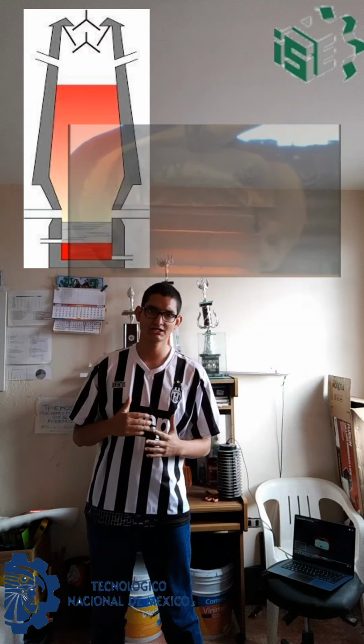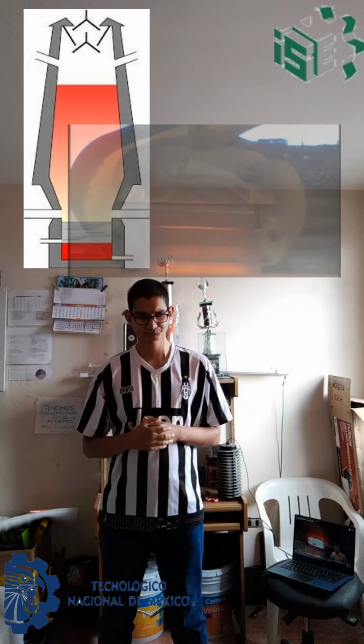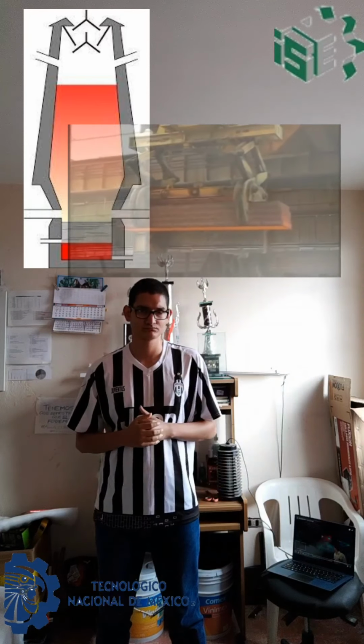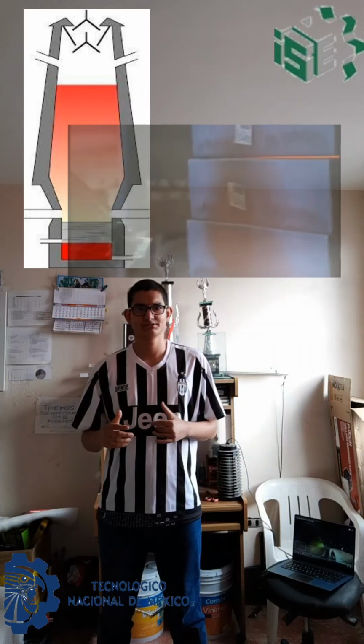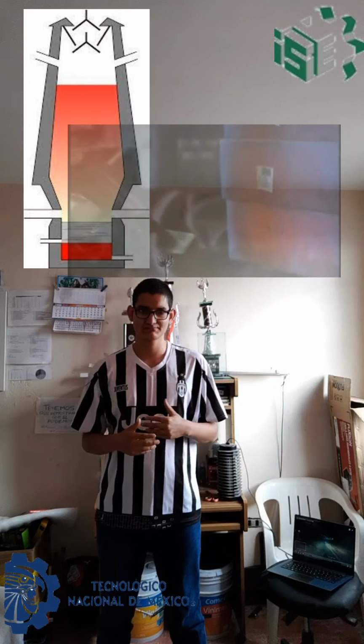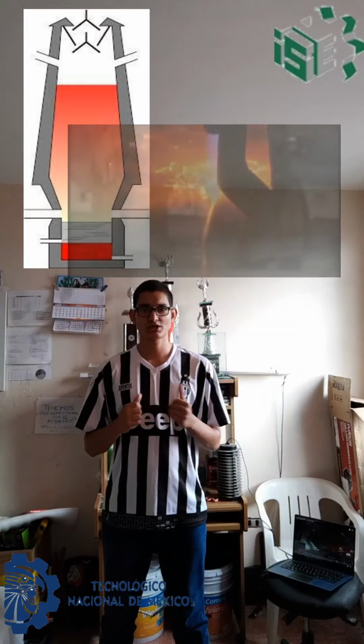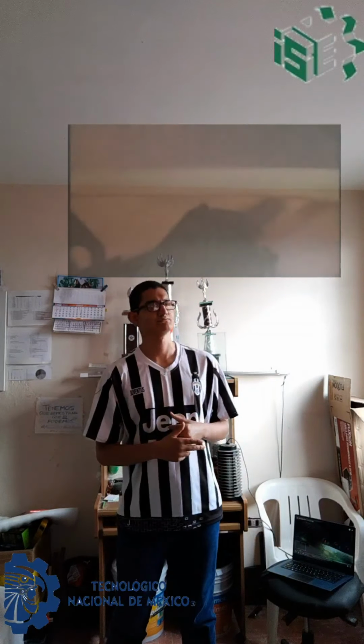Now I am going to talk about the second process, cast iron or pig iron extraction. A blast furnace is used in this process because in the previous section we got an iron concentrate of 70%. That is not enough. We need to remove even more impurities. The following is inserted into the blast furnace.